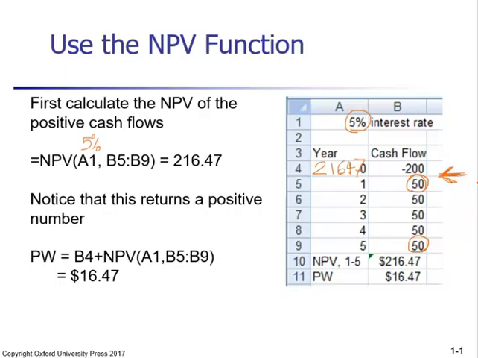And now you have a value of the present value of this thing, and also you have this minus 200 here. Notice that this returns a positive number. And now you have minus 200 as the real present value of the investment or anything you do at the beginning of the timeline. And the result is 16.47. And that's it. So it was an example of using the NPV function.